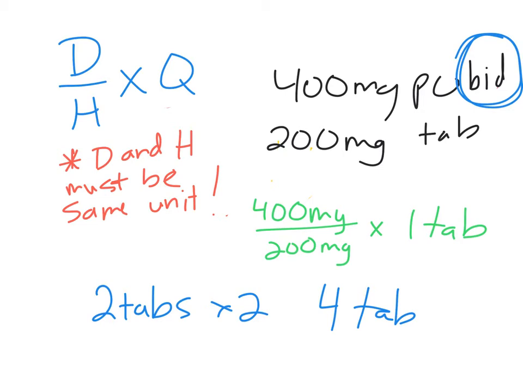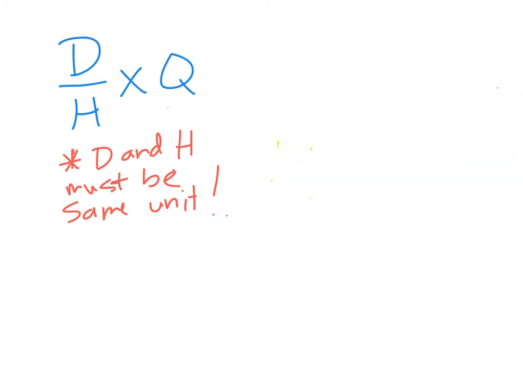Again, keep in mind that we may just need to read that off the label. We had some practice with that last class. Number 10 at the top of page 305 says they've ordered 50 milligrams by mouth daily. We look at the label and they come in 25 milligrams per tablet.